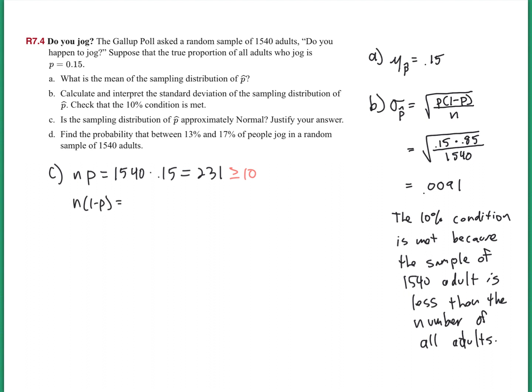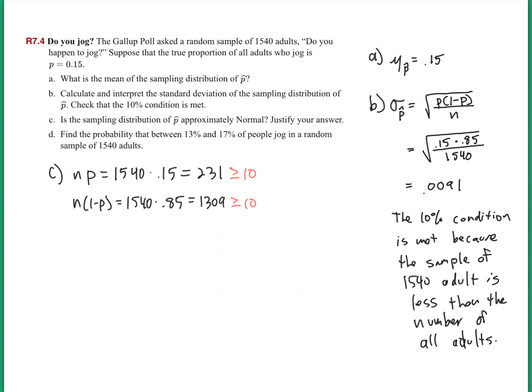Then n, 1540, times 1 minus p, 0.85, ends up being 1309. That's greater than or equal to 10.